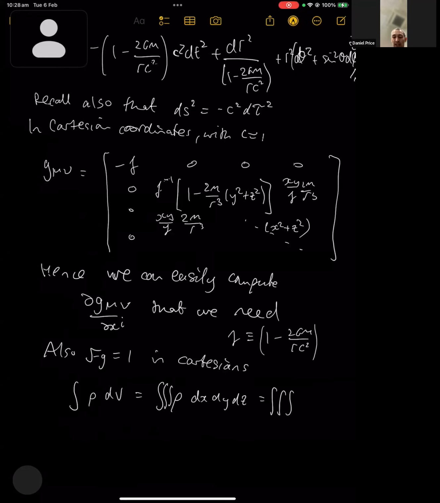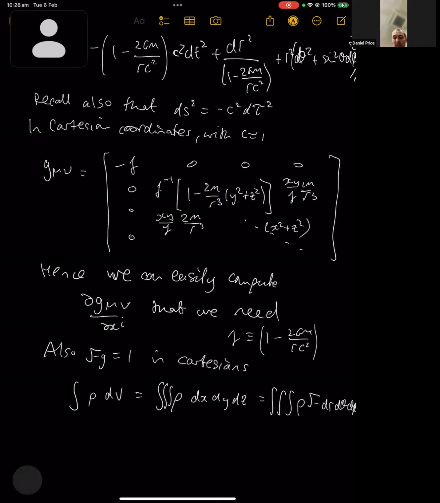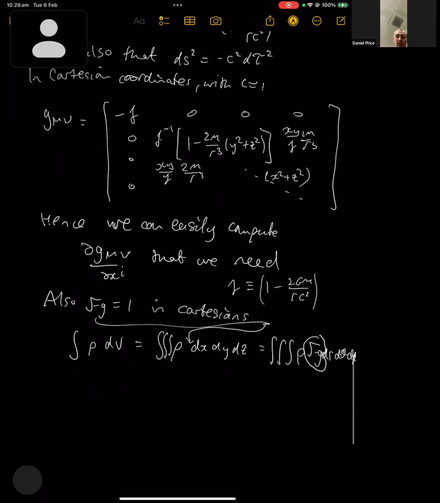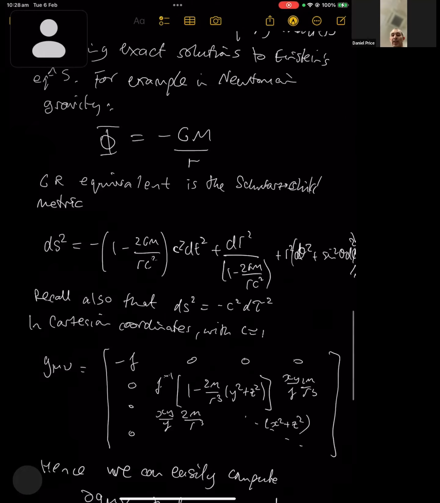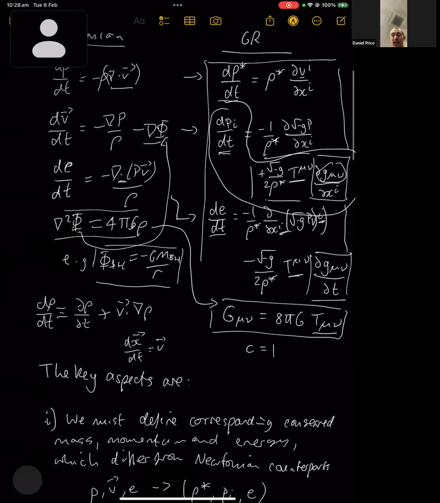But if I want to do that in spherical coordinates, then it's not just dr d theta d phi. You have a determinant here, and that determinant is the square root of minus g. So that's the equivalent of what you know and love from integrating things in different coordinate systems. That's the role that the square root of minus g plays in our fluid equations. So you can see how that comes about.